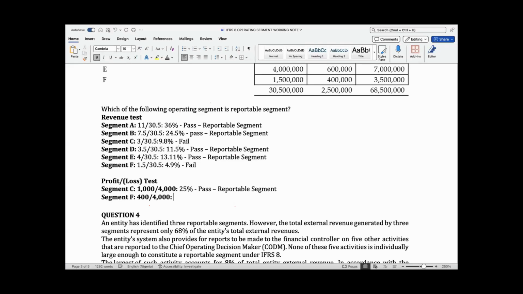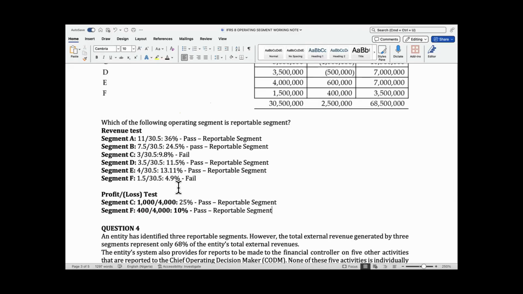Yeah, 10%. Pass. Reportable segment. So they are all reportable segments, though they passed under different criteria. And that's how you would check for this in this question.